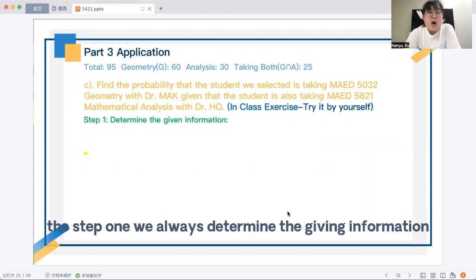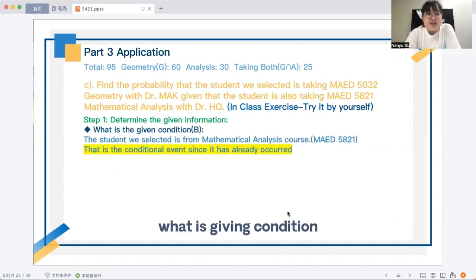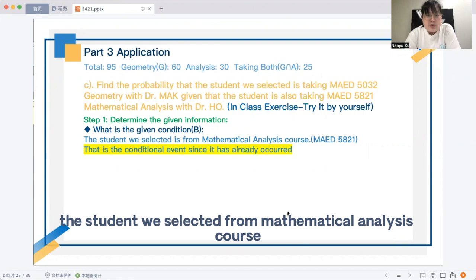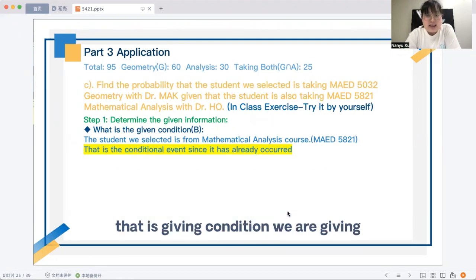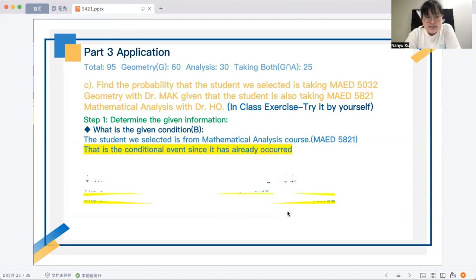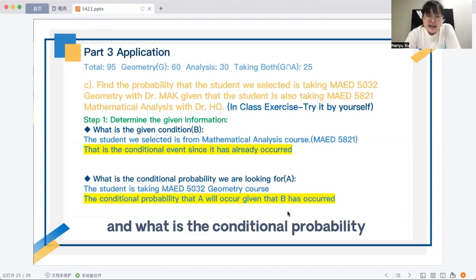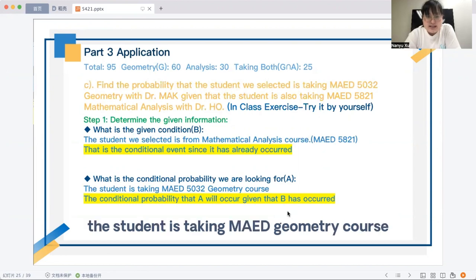Step 1, we always determine the given information. What is the given condition? The student we select is from the mathematical analysis course. That is the given condition. We are given A. And what is the conditional probability we are looking for? The student is taking the geometry course.